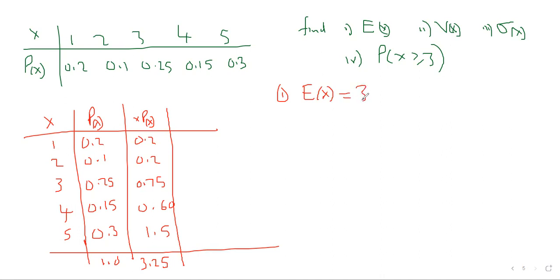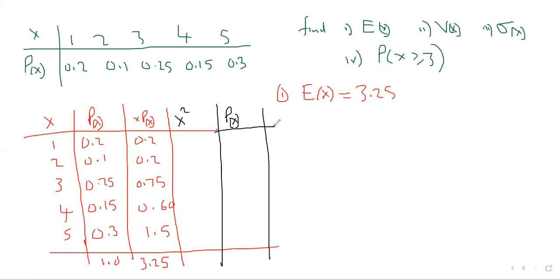This time, how do you find the variance? We square the values of x first, right? You can bring back their probabilities here if you like. You multiply the values of x squared with their respective probabilities.